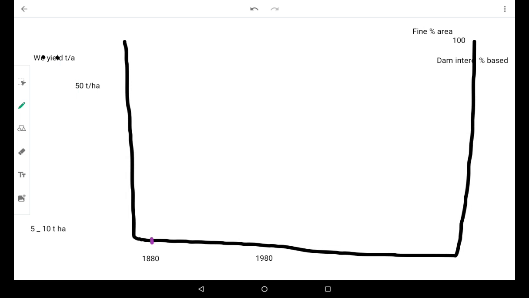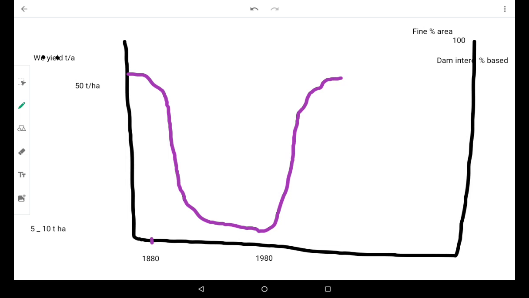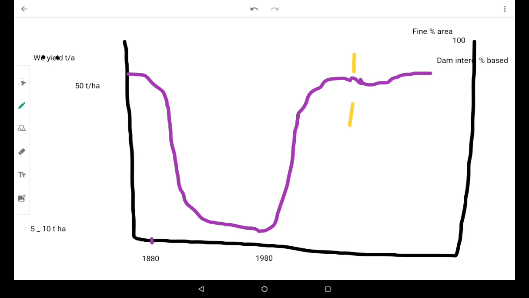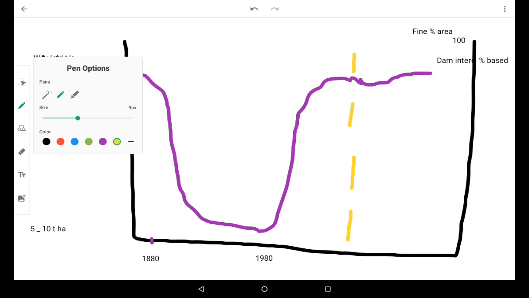Let's say it was 50% up here, and then they fell off quite quickly towards the 1920s. They hit the 1980s. They came back up to their original area, and then they went into here, and they probably might go up a little bit like so into the future. So let's just mark where we're on we're here in the future. So that's 2020.